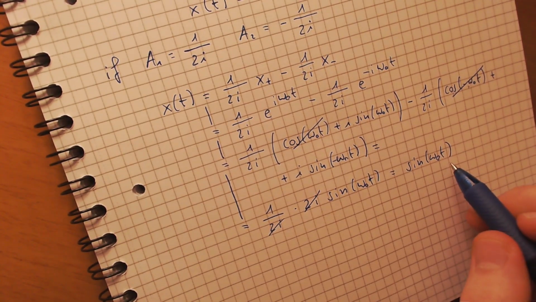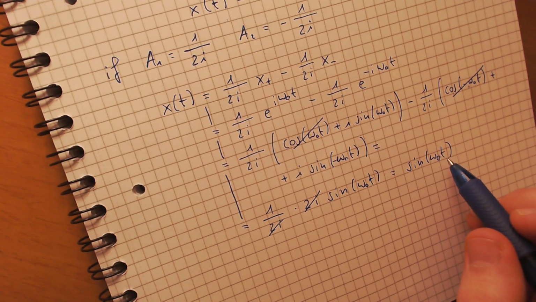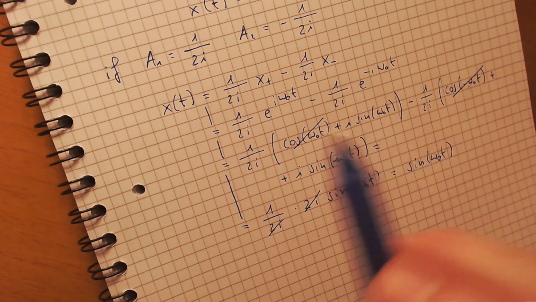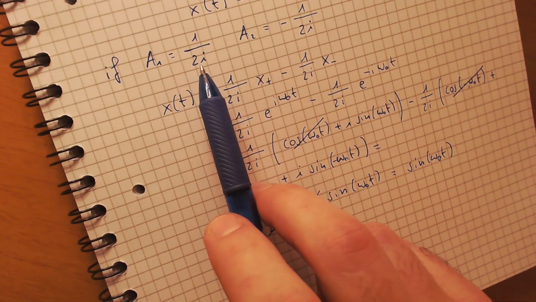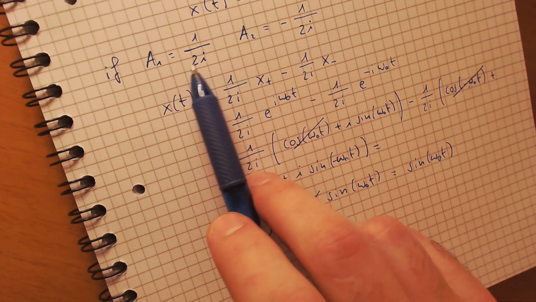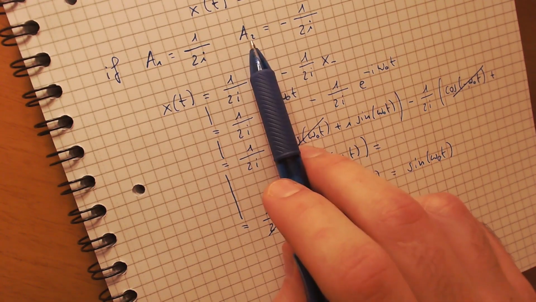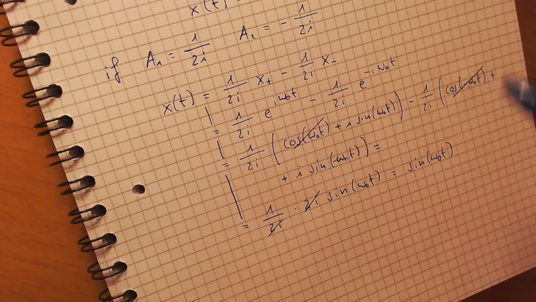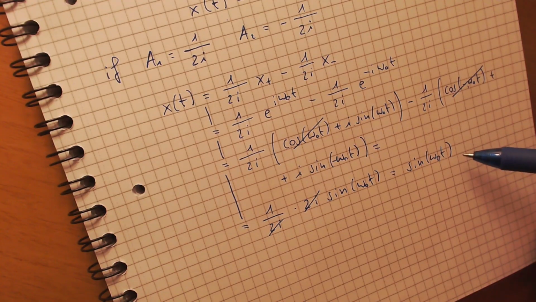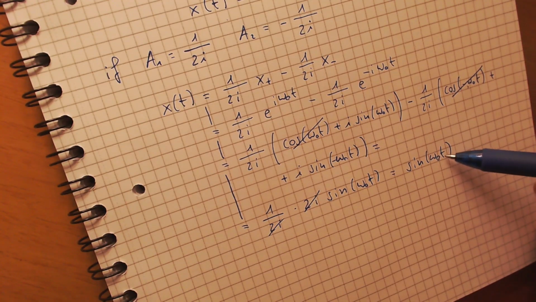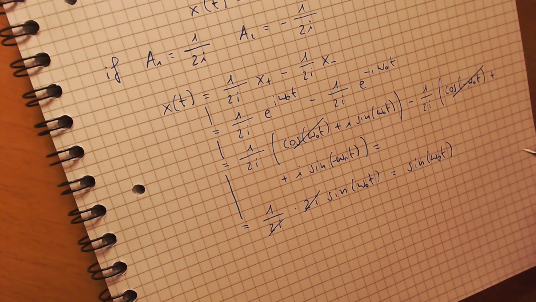Okay, so this means that if we choose a1 and a2, as we chose here, a1 as 1 over 2i and a2 as minus 1 over 2i, we get that the general solution is sine of omega 0 t, which is a real solution.